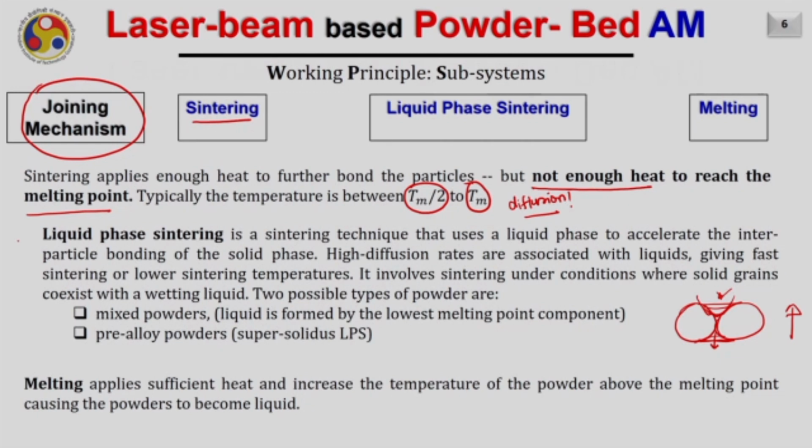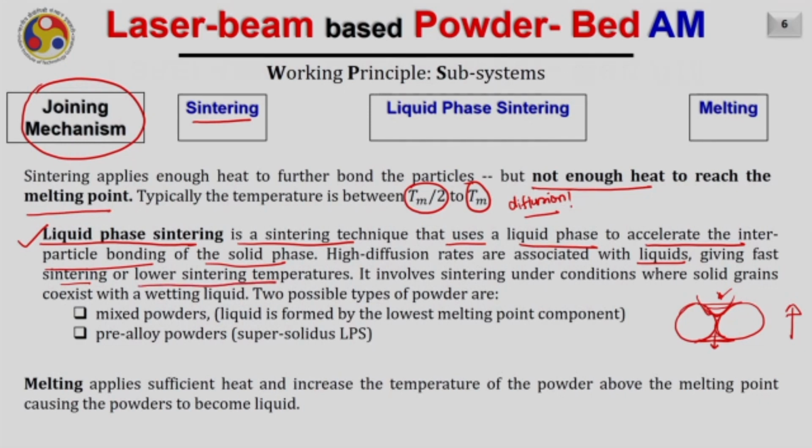Another mechanism for joining two layers in powder bed additive manufacturing is called liquid phase sintering. Liquid phase sintering is a sintering technique that uses a liquid phase to accelerate the interparticle bonding of the solid phase. In this case, of course, high diffusion rates are associated with liquids, giving fast sintering or lower sintering temperatures.